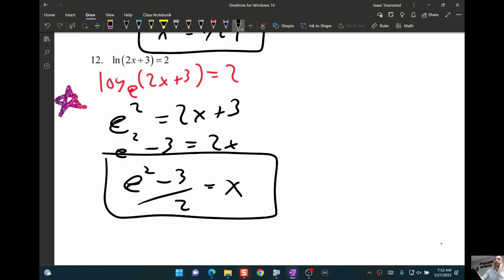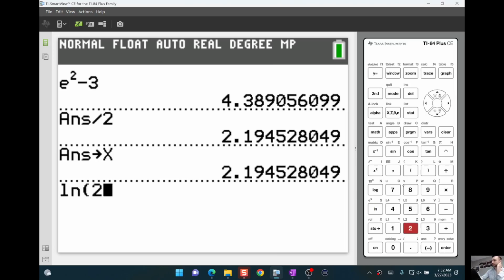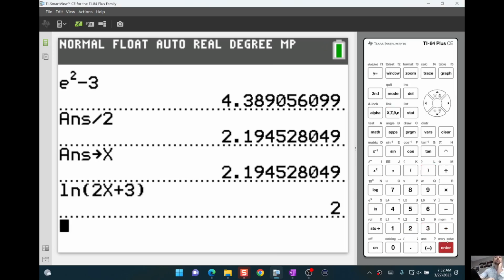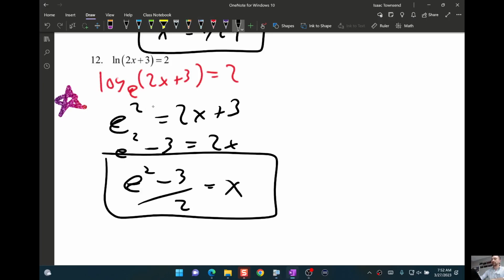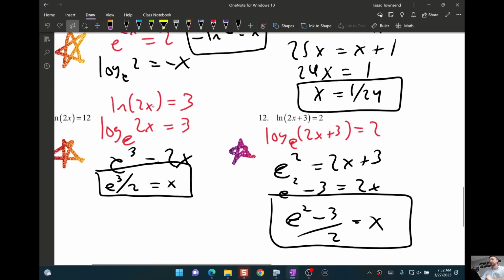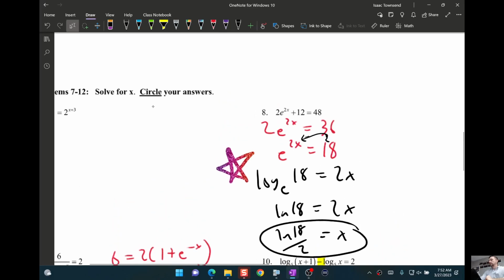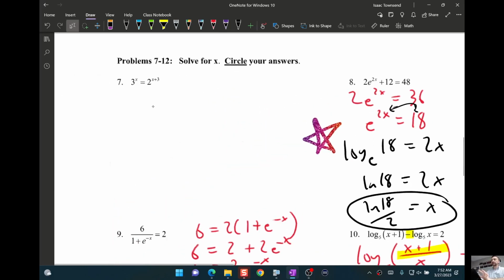It's supposed to be natural log of 2x plus 3 is supposed to equal 2. And so if this doesn't equal 2, I know that I have a mistake. So if you have an answer that looks different than e squared minus 3 over 2, but yours still makes it equal to 2, then you would still get full credit. So I will have to do all that work when it's time to grade your quizzes and tests.